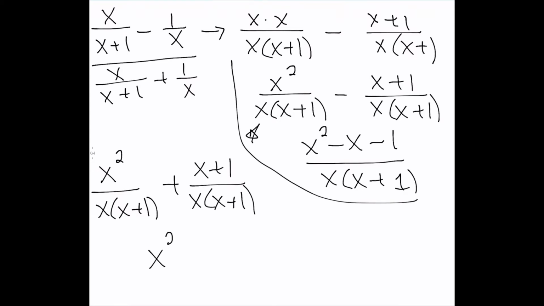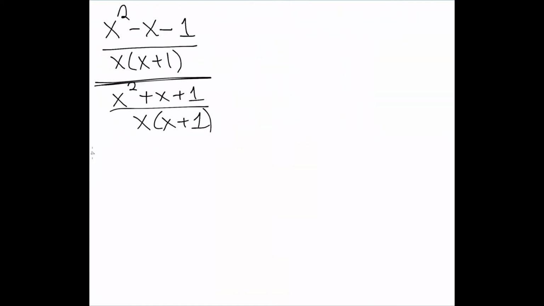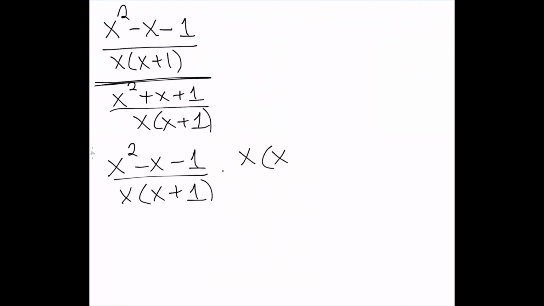That gives us x squared plus x plus 1 over x times x plus 1. Now that we've simplified both the numerator and the denominator to a single fraction, let's divide. So the top stays the same. And then to divide, we flip the second fraction and multiply.